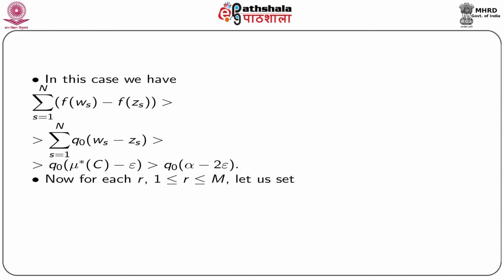Now, for each r, 1 ≤ r ≤ M, let us set D_r as the collection of all those positive integers s, for which the closed interval [Z_s, W_s] is a subset of the open interval (x_r, y_r).